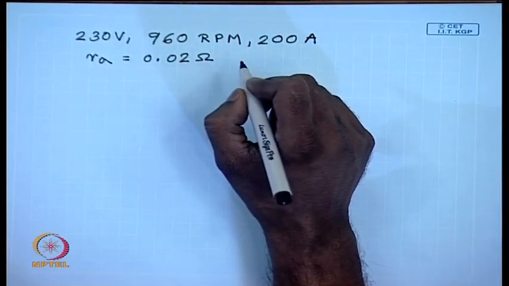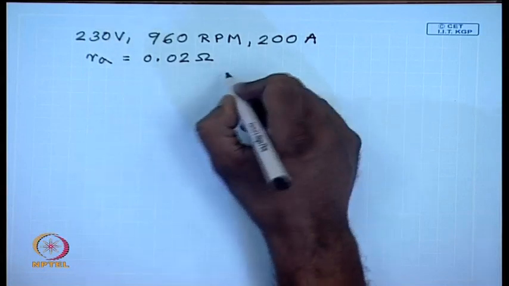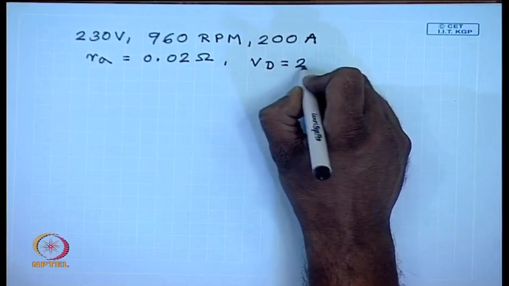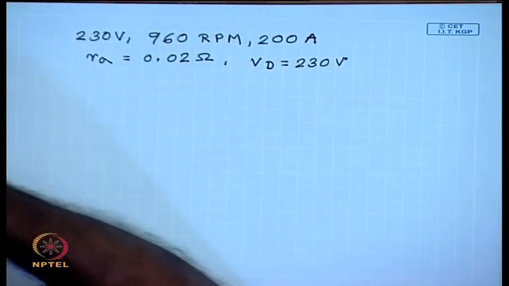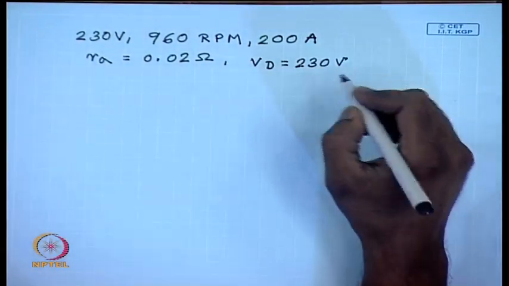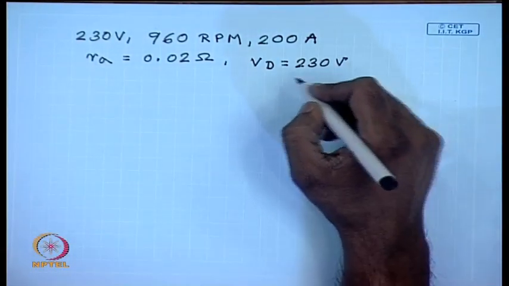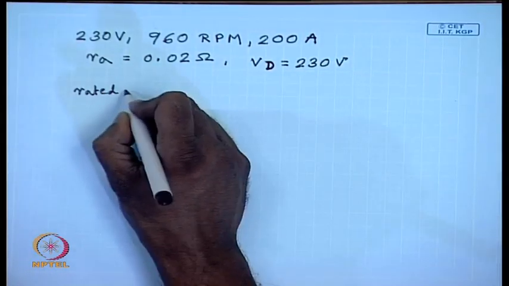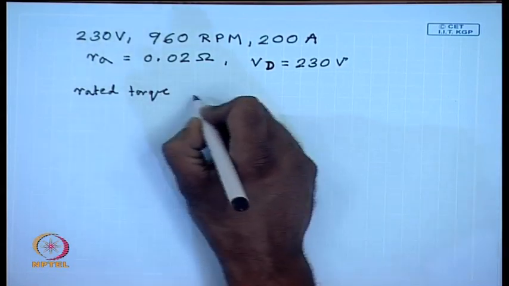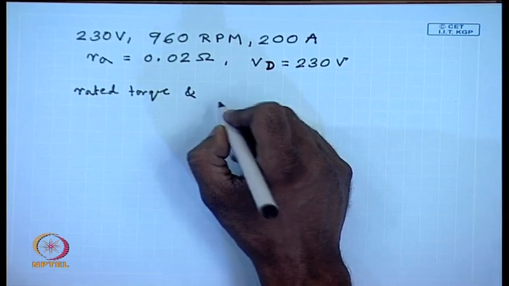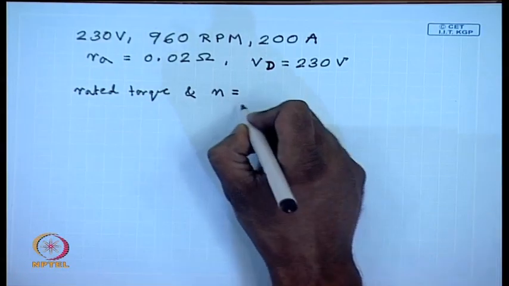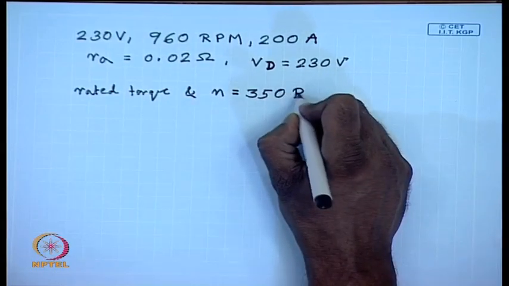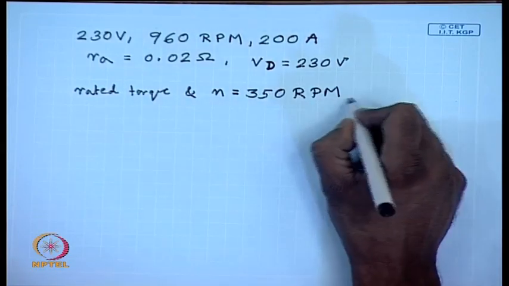This motor is fed from a chopper whose supply voltage VD equal to 230 volt. If I want to operate this motor at rated torque and a speed equal to 350 RPM, what should be the delta?